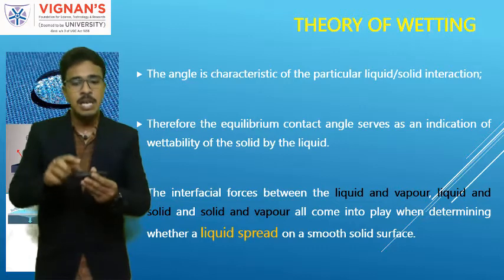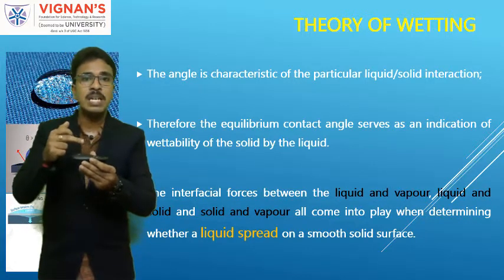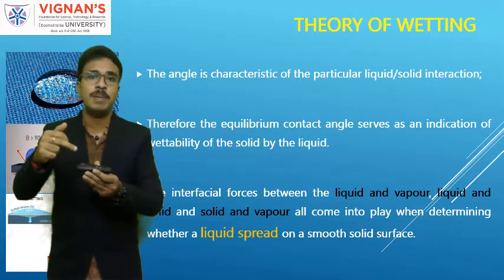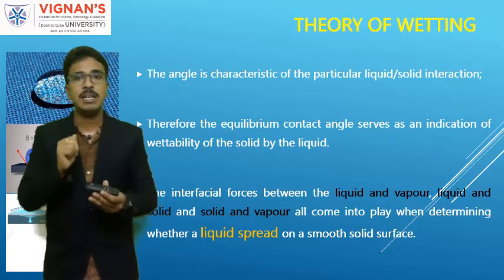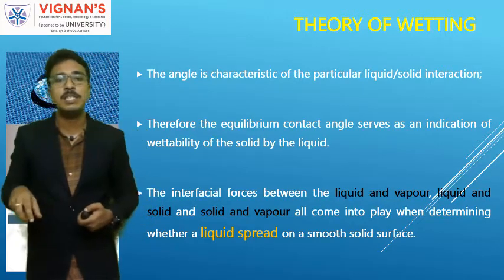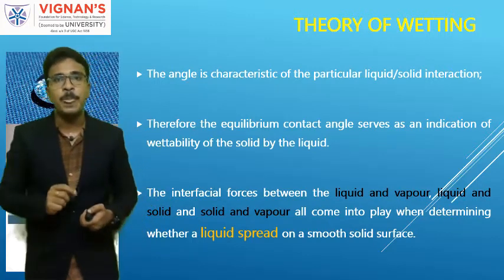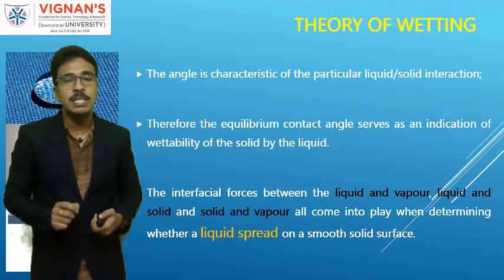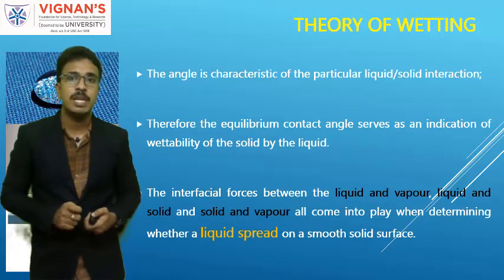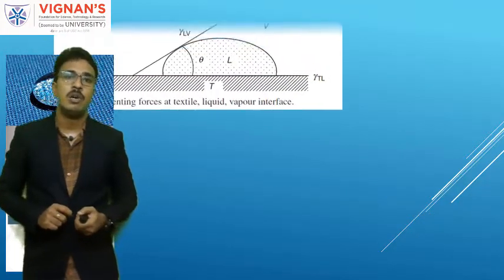One is liquid and vapor, which is nothing but the air. Then liquid and solid, and then solid and vapor, like the fabric surface and the air. All these three interfacial forces come into play when determining whether a liquid spreads on a smooth solid surface or not.